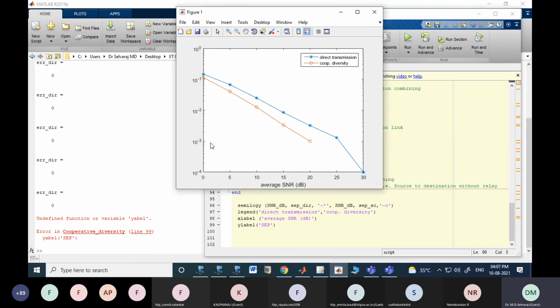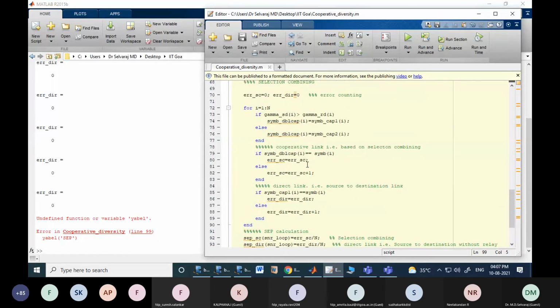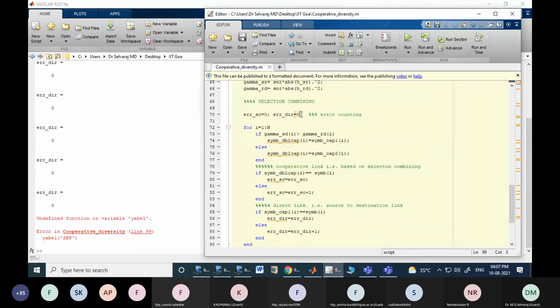Direct transmission, cooperation. Yeah, whatever we thought, we got it. So let us see one more.